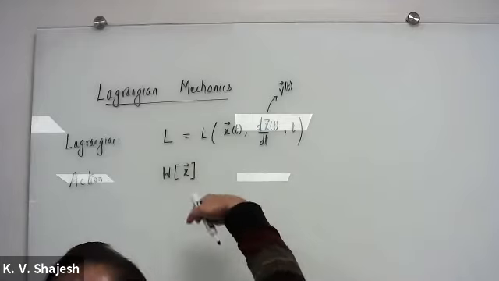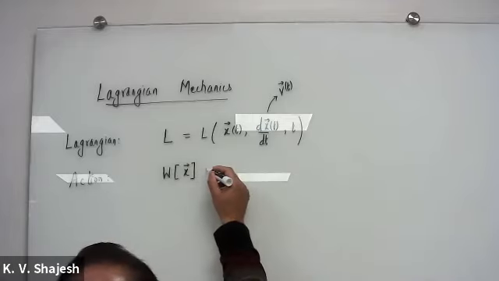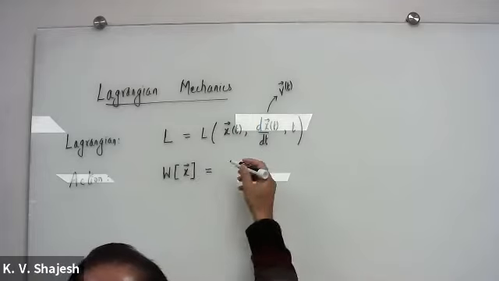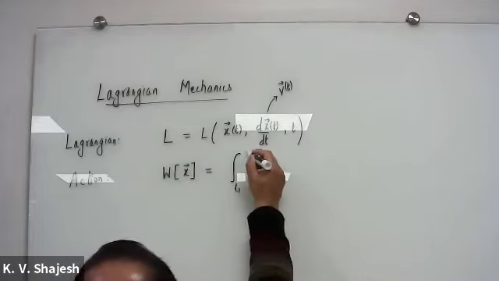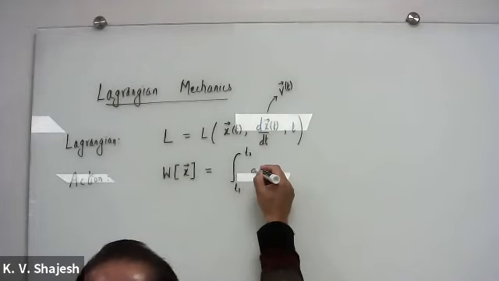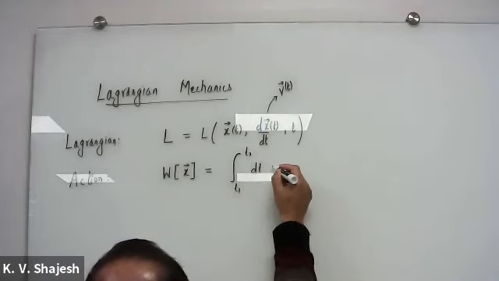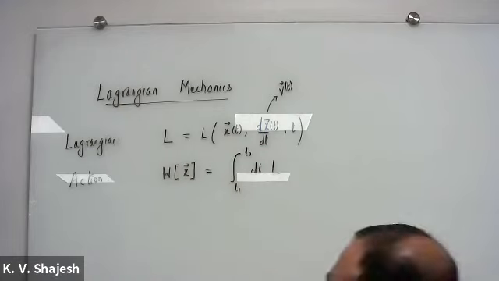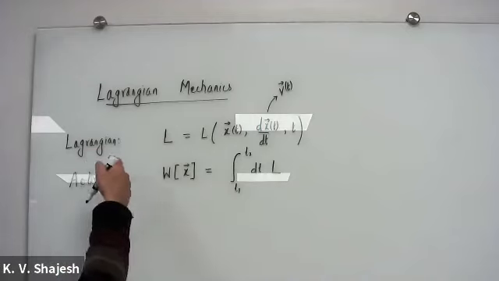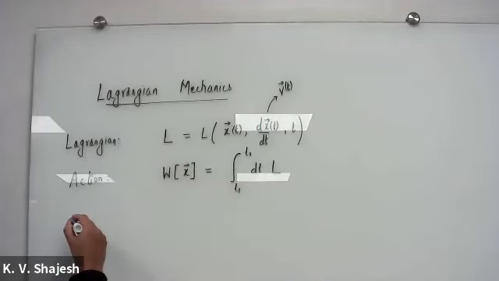And t is the independent quantity, which it is integrated over. So you go from t1 to t2, dt, the Lagrangian. So first we have the Lagrangian, then we have the action, then we say there's a stationary action principle.